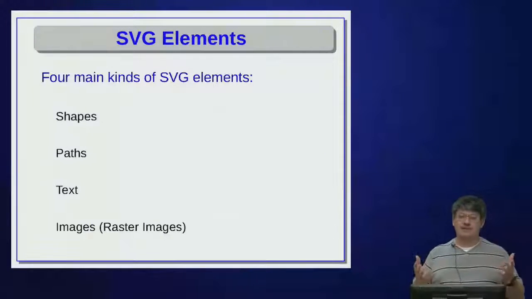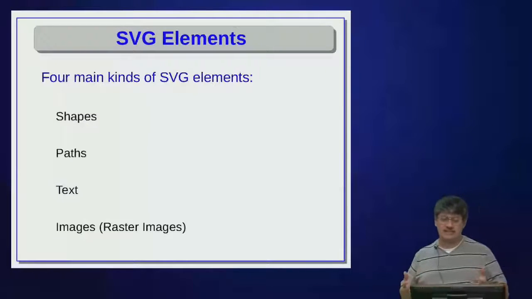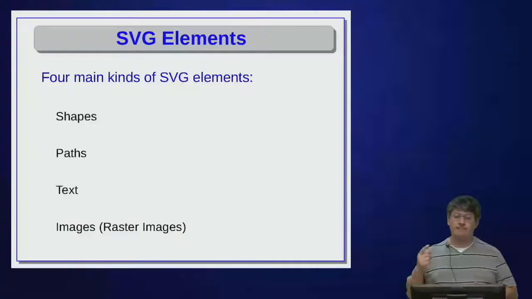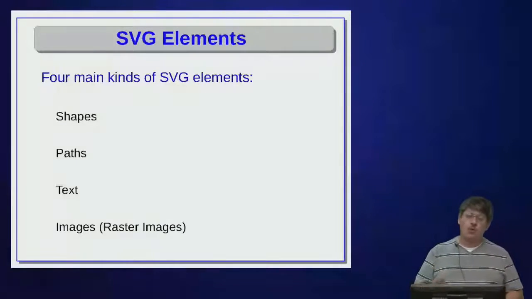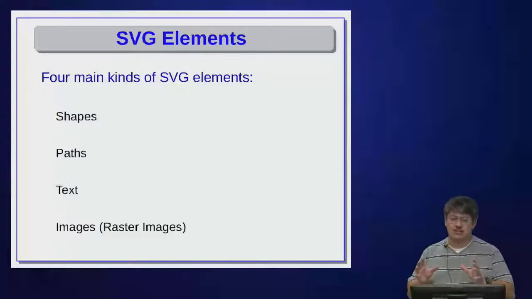So there are many different kinds of elements that are available in SVG, but the 4 most important are basic shapes, paths, text elements, and images. You can actually pull raster images into an SVG image as a shape. We're only going to talk today about the basic shapes.